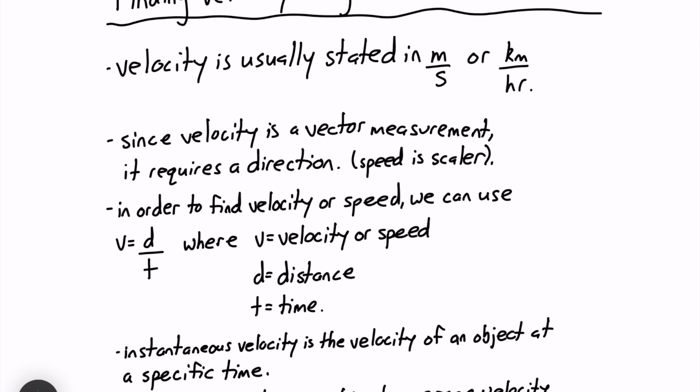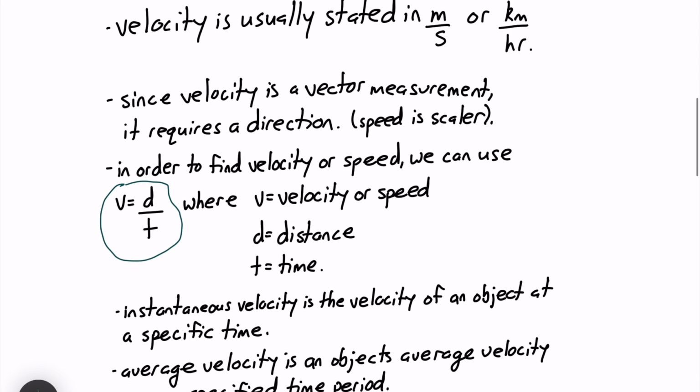So you can almost think of velocity as speed with direction. In order to find velocity or speed, we can just use the equation v equals d over t, where v is velocity or speed depending on what you're finding, d is the distance, and t represents time.